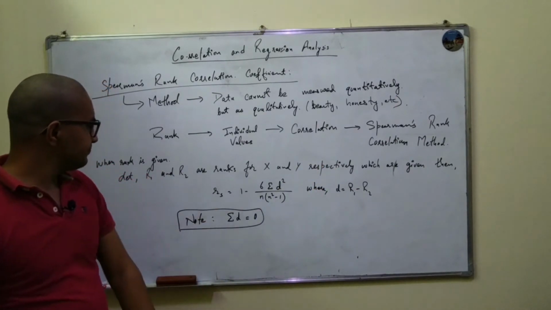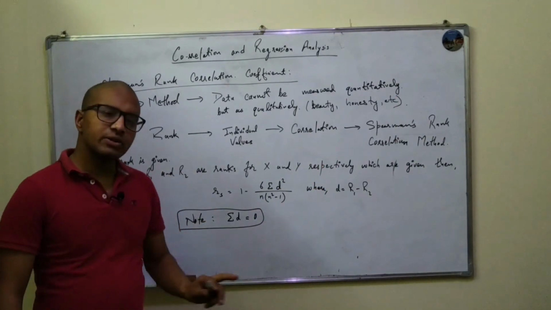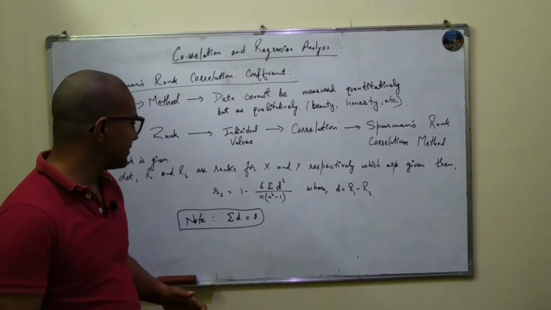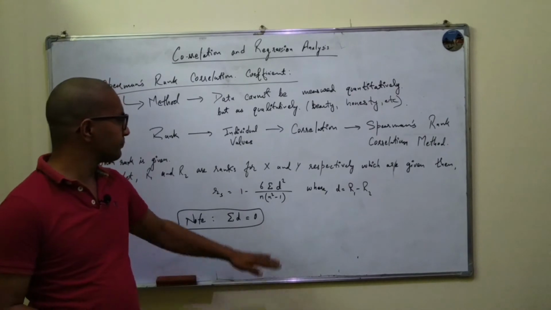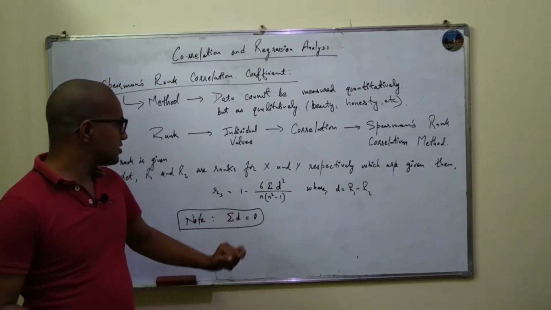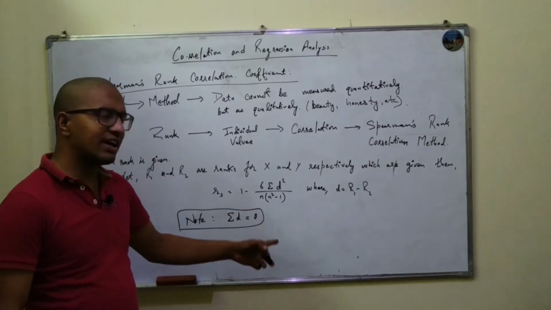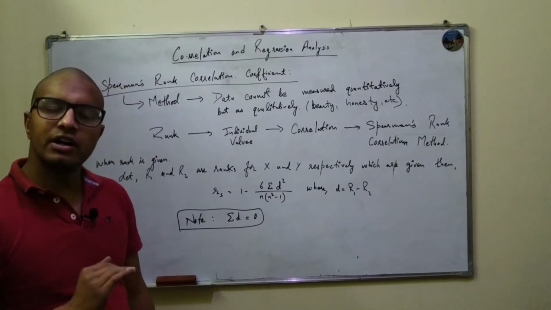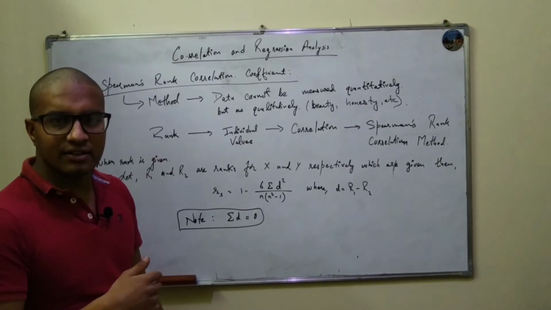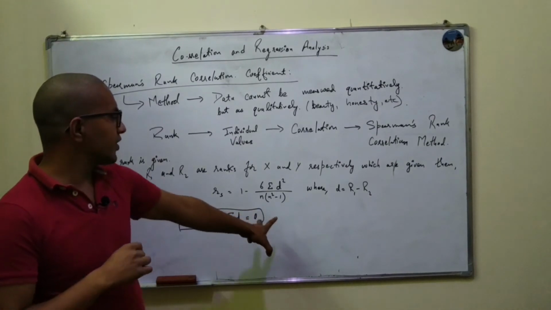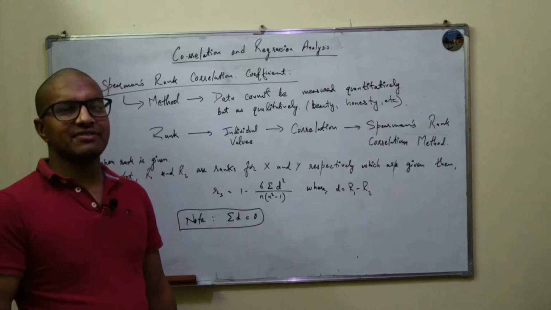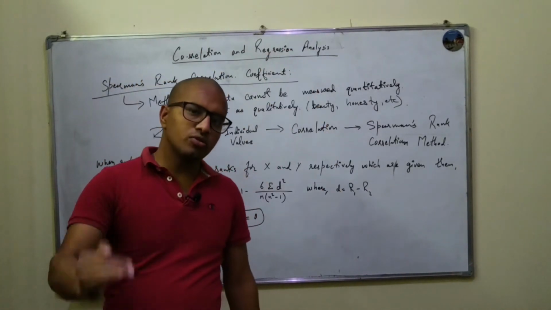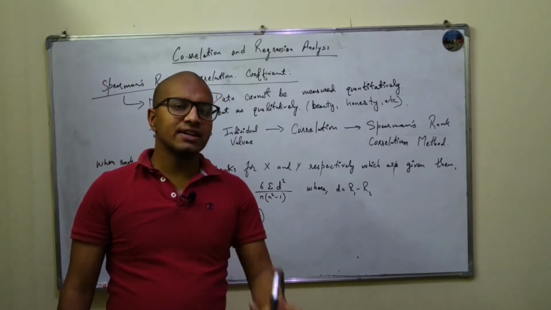Normally we tend to see that d is near 0. So Spearman's formula is 1 minus 6 times the summation of d squared upon n times (n squared minus 1). If the rank is not given, first assign the ranks from top to bottom or bottom to top, and then compute it.